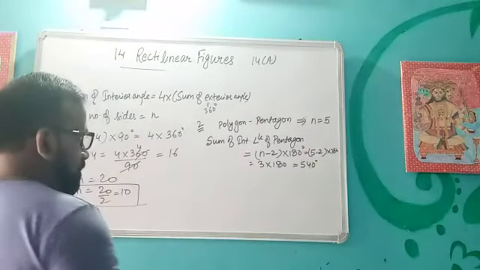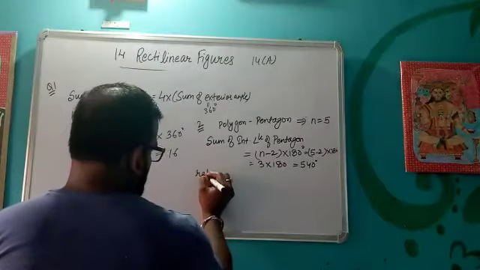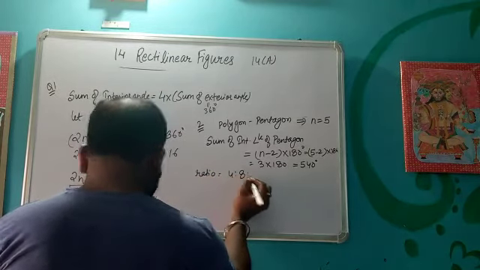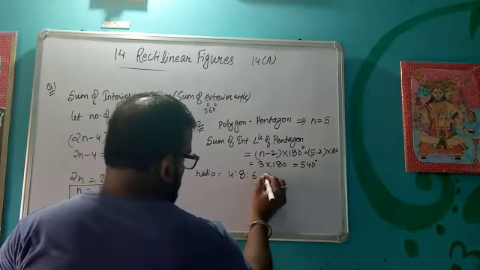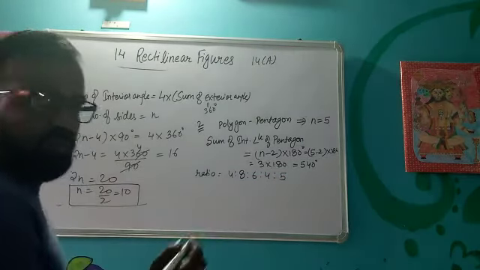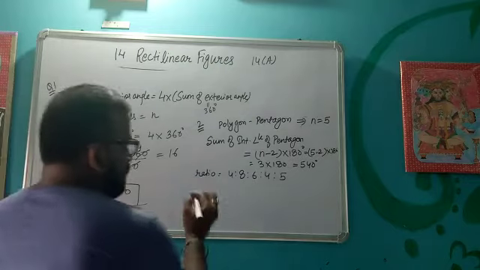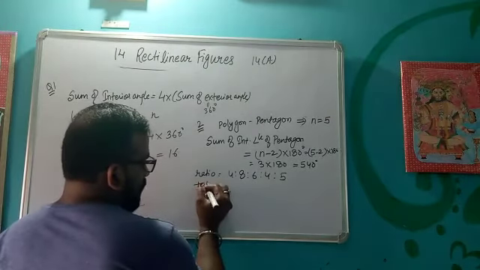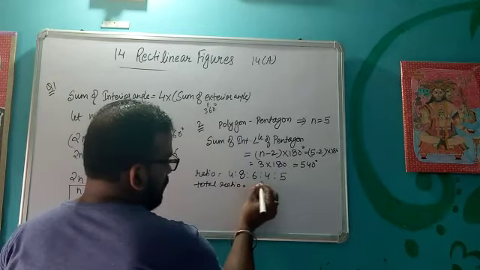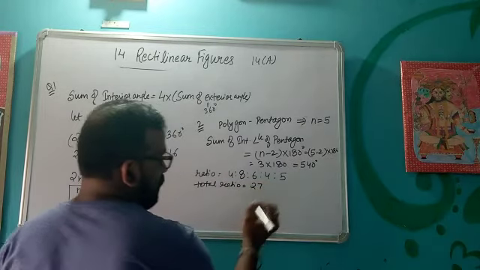Now the ratio is given as 4:8:6:4:5. This is the ratio given. So what we have to find is the angles. So what is the total of the ratio? 27.